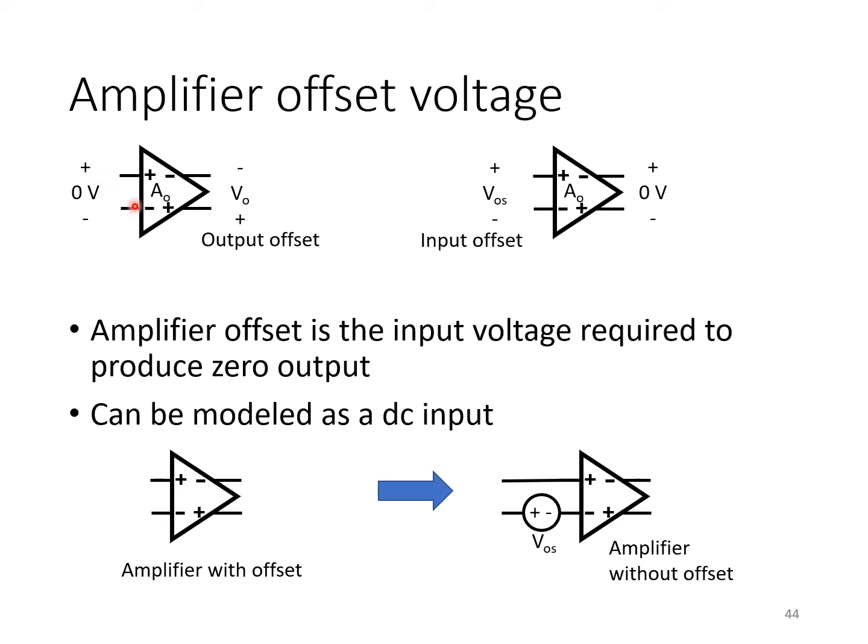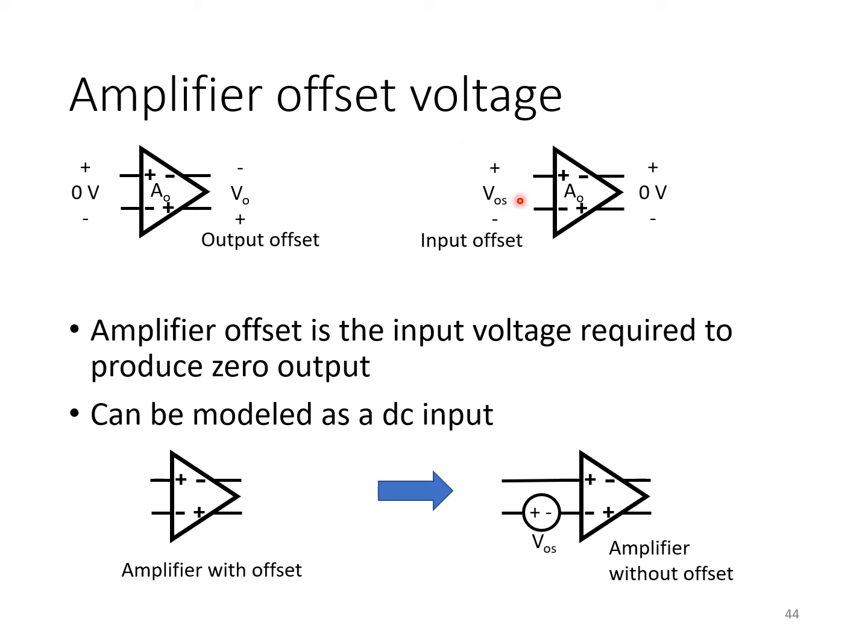The output voltage that arises with zero differential input is referred to as the output offset, but usually what's of more interest to us is the voltage that we would have to apply at the input in order to give rise to zero output at the offset.